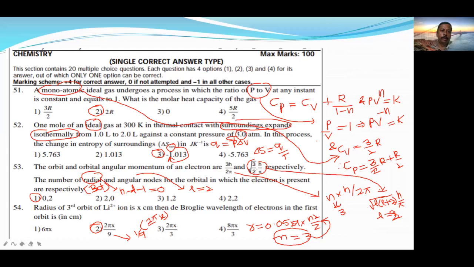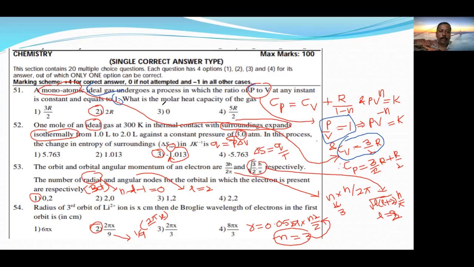Once we say monoatomic, everything is interlinked: monoatomic means Cv is equal to 3 by 2 R. An ideal gas undergoes a process where the ratio of P to V at any instant is equal to 1, so P by V is equal to 1.